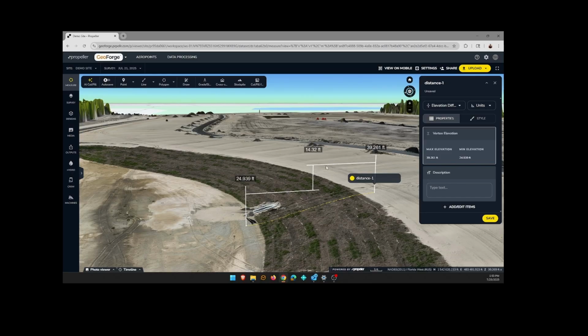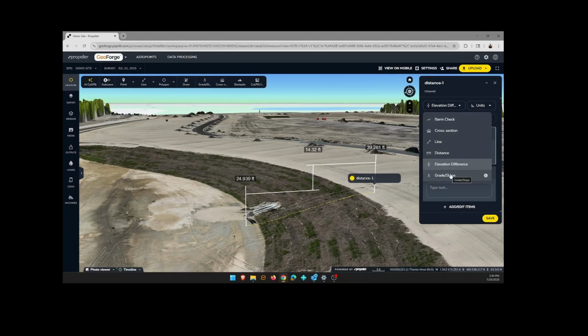If we were to run a level, we would have an elevation change of 14.32 feet. It sort of reminds me of an old physics lab back in high school, geeking out for a moment, but that's how you would measure your elevation changes. It's how they've done it since the days of George Washington surveying out Washington, D.C. But this is your elevation change.